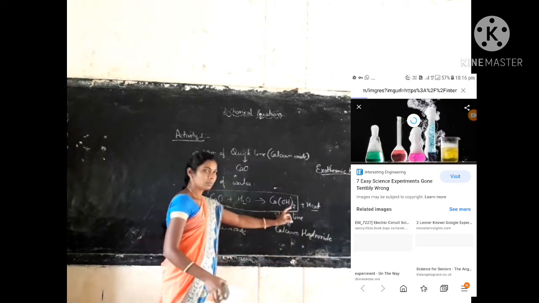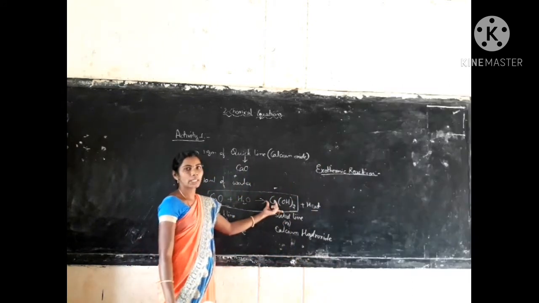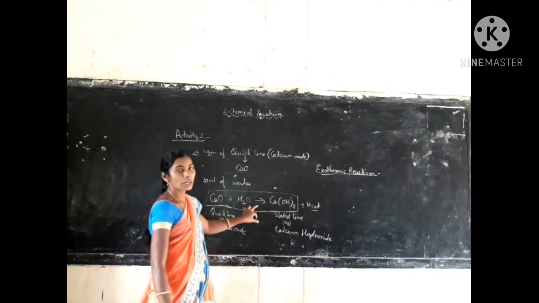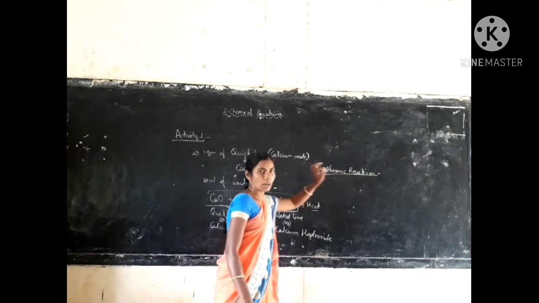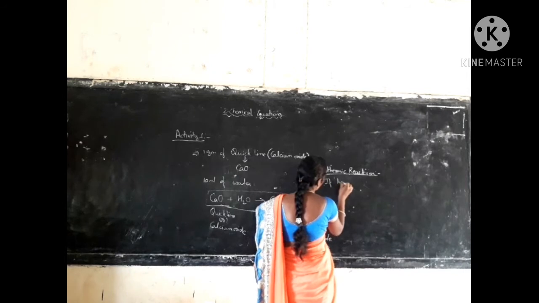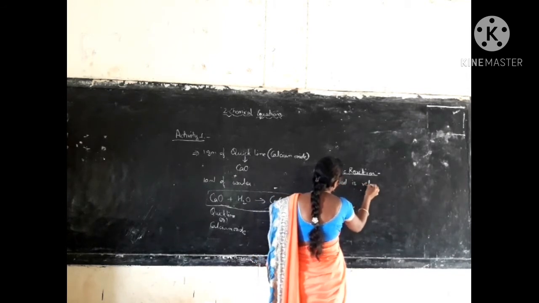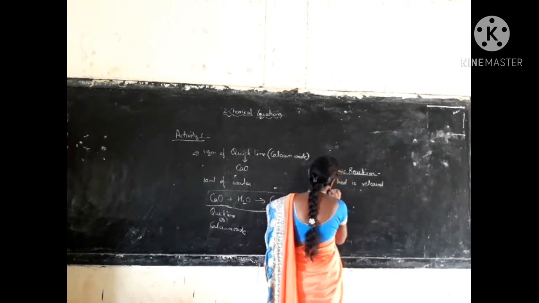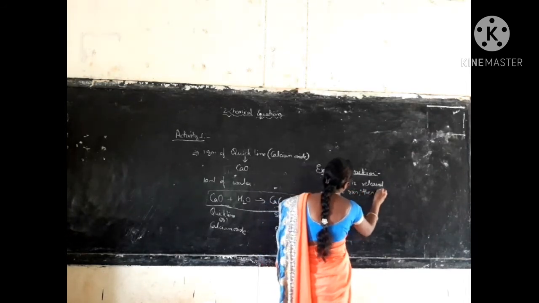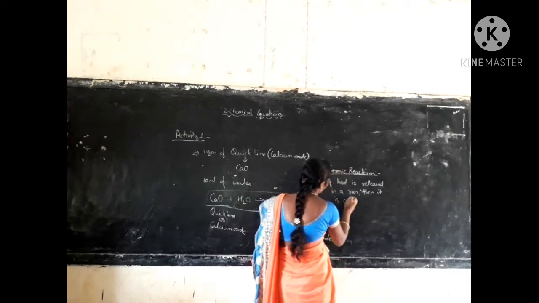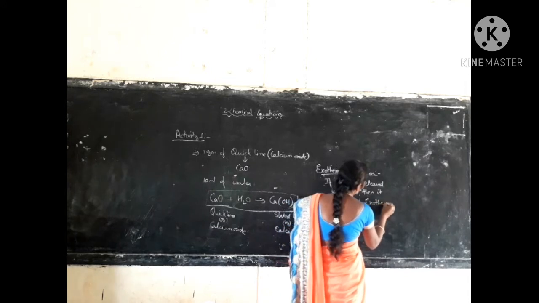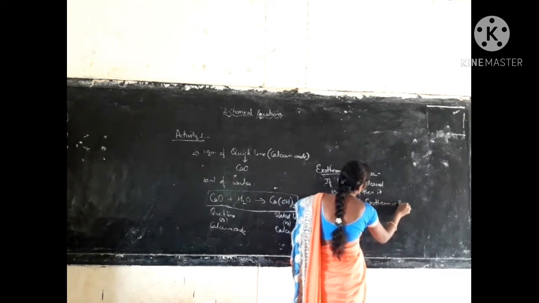In a reaction, this total chemical equation, if heat is released, then such a type of reaction we are calling an exothermic reaction.